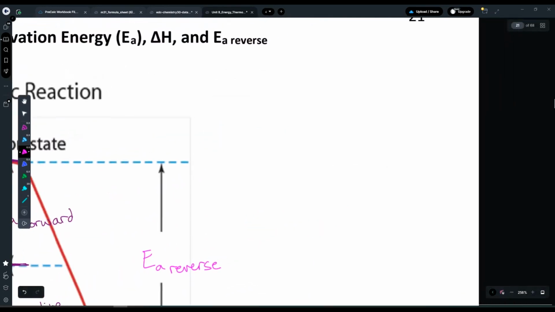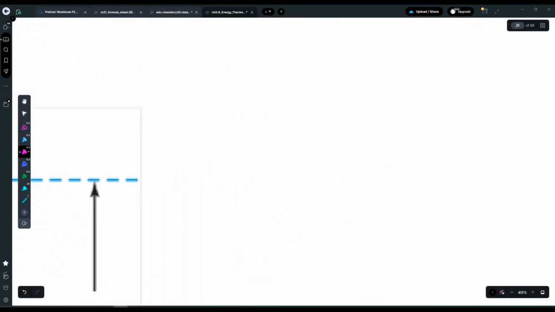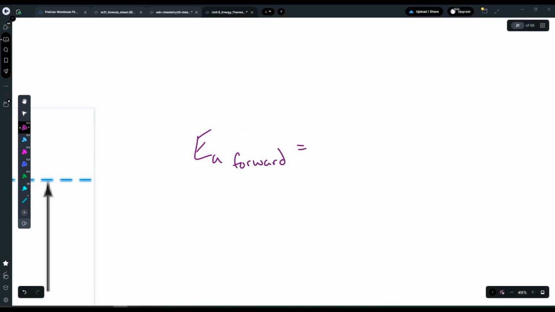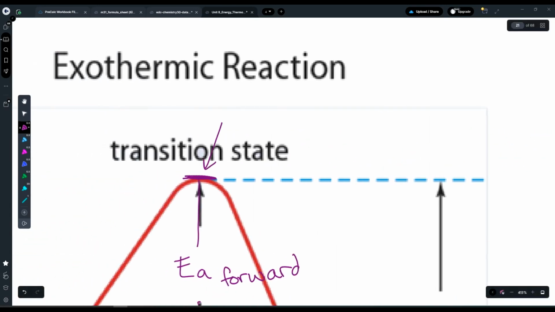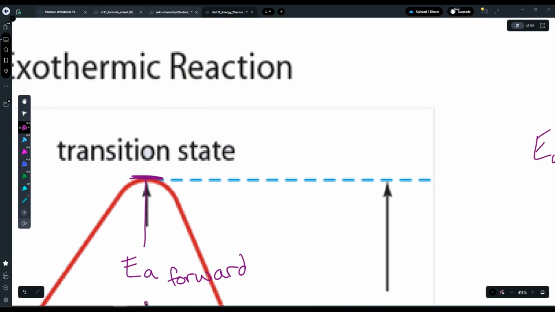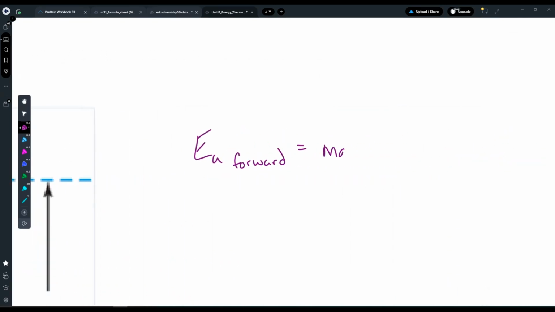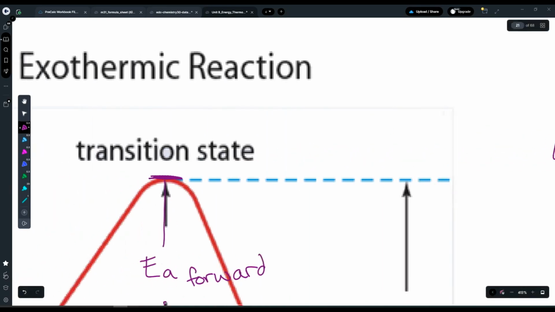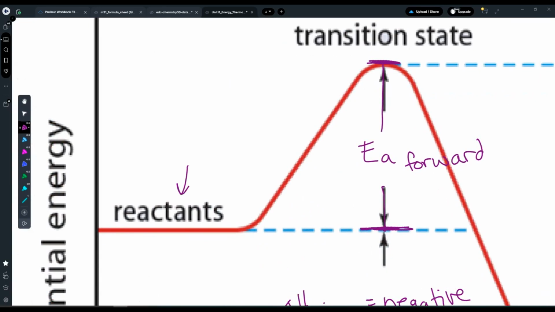Okay, as a side note over here, EA forward, you can calculate that by taking the potential energy of the top of the hill, which we will call the max, and subtracting the potential energy of your reactants.